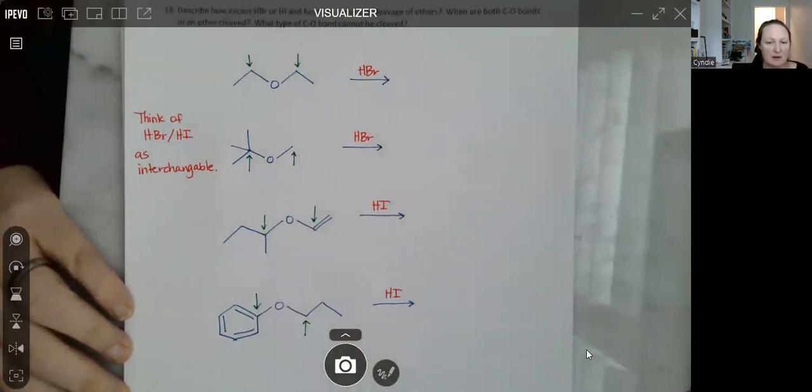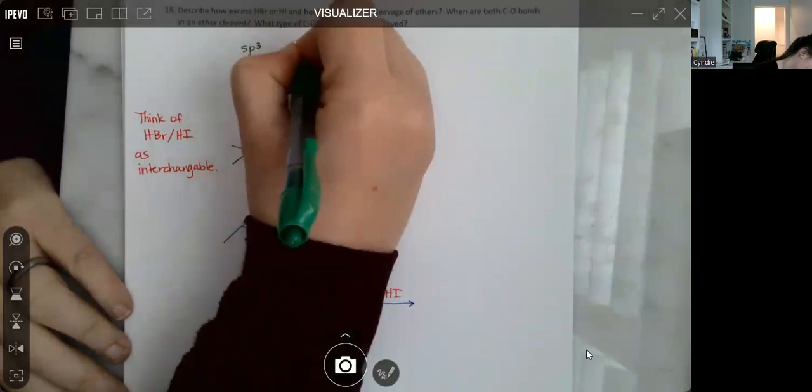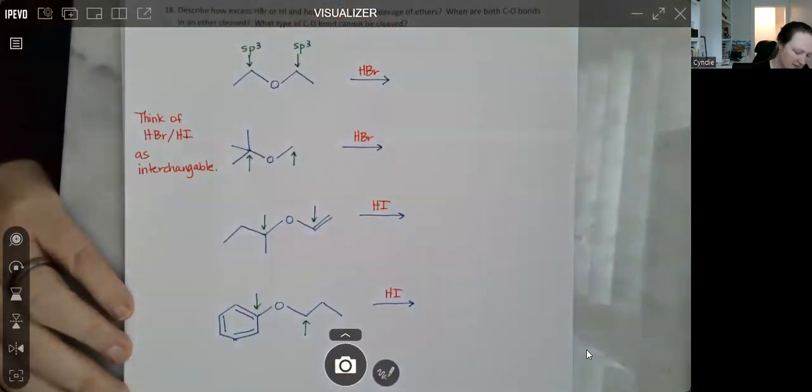So then I just want to come in and write whether or not the carbon is sp2 or sp3. Usually we don't go into cases where the carbon is sp, but if it was sp, it would also not undergo a reaction, right? It has to be sp3 for a reaction to occur. So sp3 in both cases here, right?